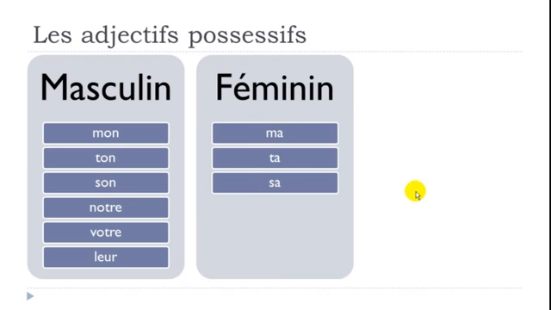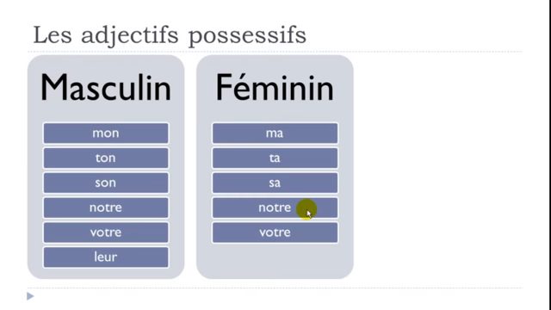And then the good news is that notre is the same, votre is the same, and leur is the same. Okay, so you don't really have a difference between these three persons. You will have to use the same adjectif possessif. So the only difference is there: mon, ton, son, ma, ta, sa.